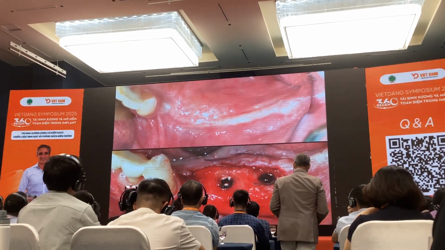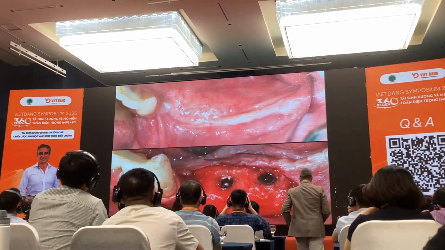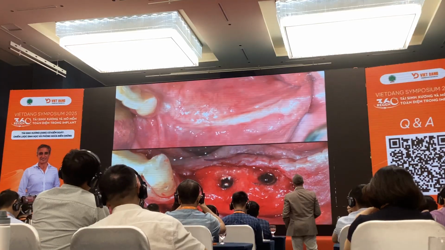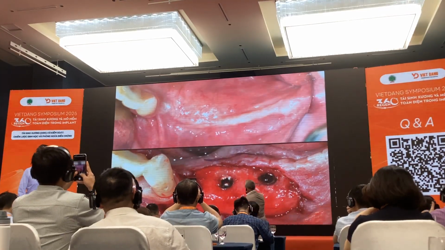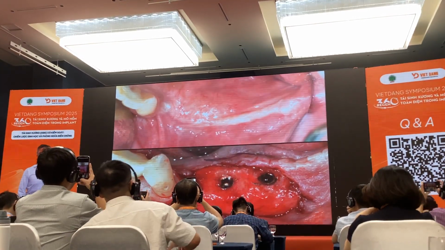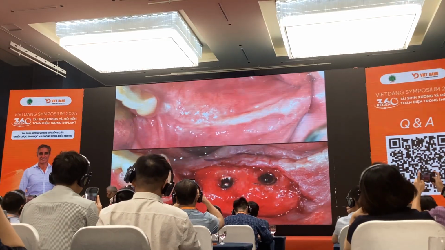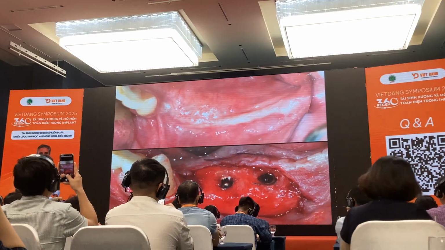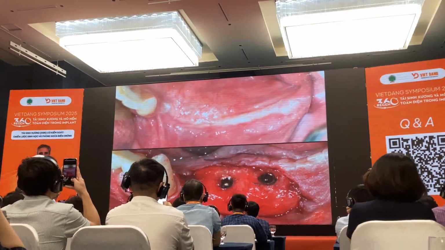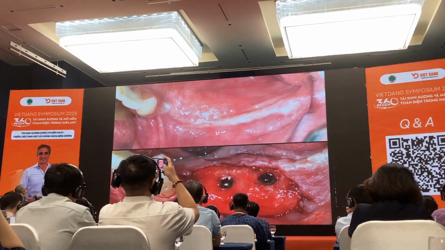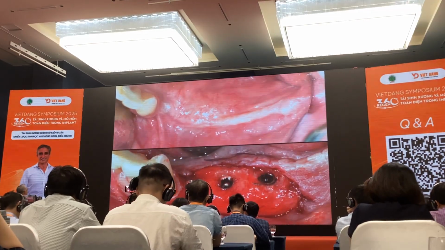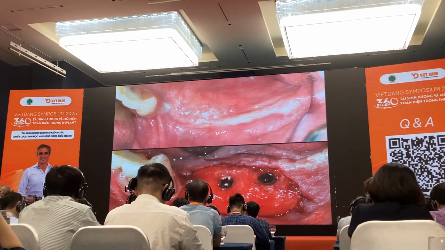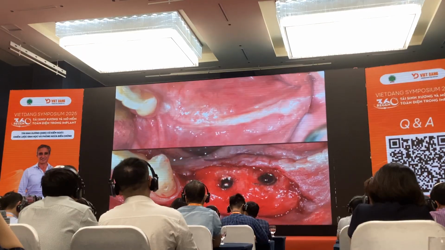Then, when we have to activate the implants, we have to manage always the soft tissues, always. Because you can see that we lost completely the keratinized tissue band, we lost the depth of the fornix.